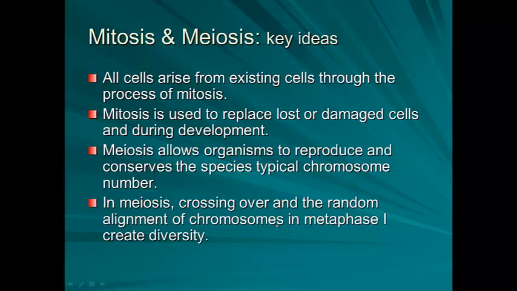So the whole act of duplicating your DNA, there might be an error during that process. There might be an error as cells are dividing. There might be an error in terms of crossing over or alignment of cells. And so when there are errors, that leads to issues.